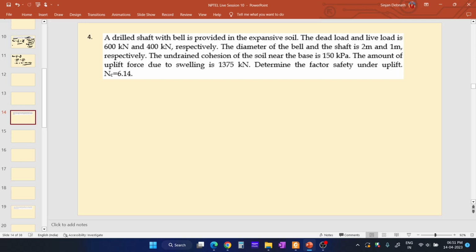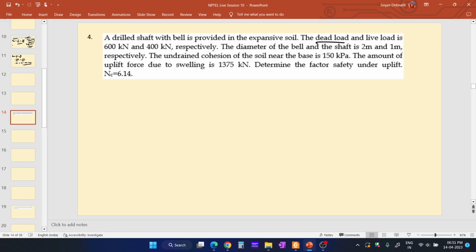Okay, so this is a different type of problem. Let me read out this problem once again. Here there is a drill shaft with bell provided in the expansive soil.